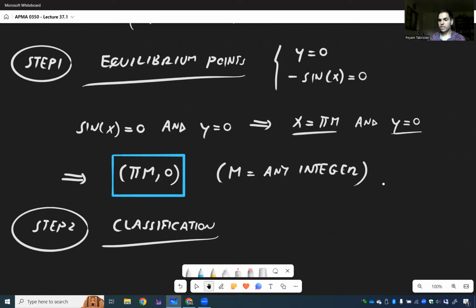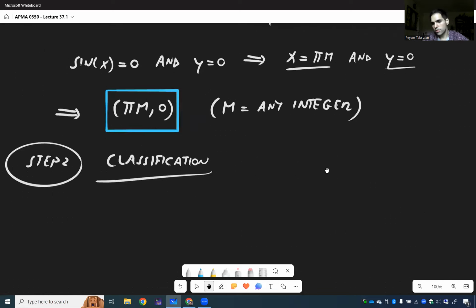Remember what we need to do: we need to find the derivative and plug in the equilibrium points. So let's do the gradient of f at (x, y). Remember, you differentiate everything.